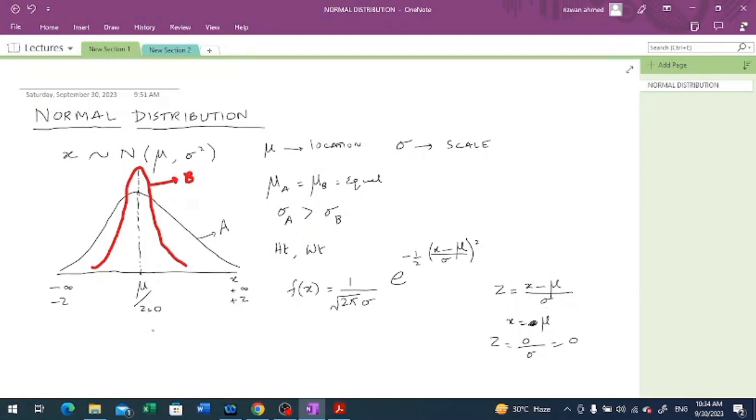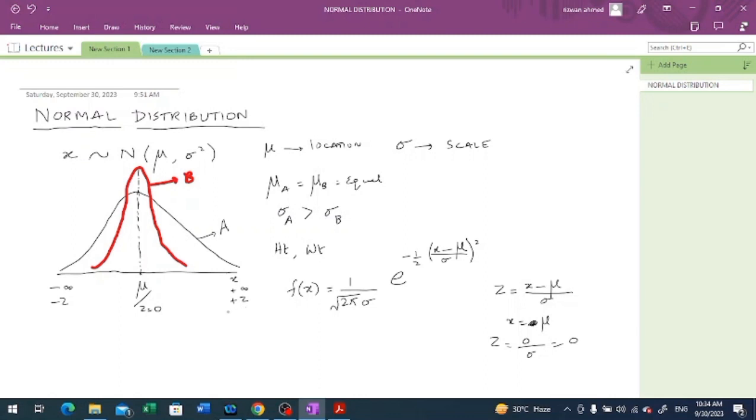So the central value under the curve of z is 0 across x equals mu. Similarly, for the same reason, all the values located below the center line are negative, whereas all values located above the center line of z equals 0 are positive.